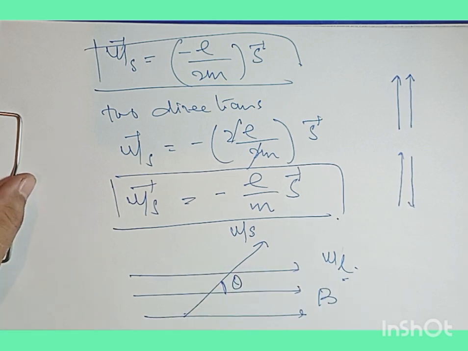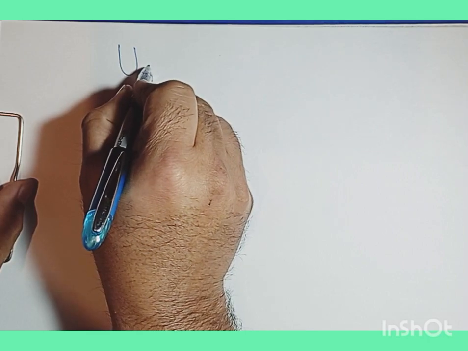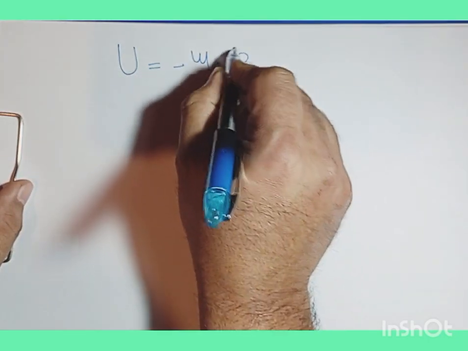How can we write down that energy? If I assume that the potential energy is U, that will be minus mu S dot B.